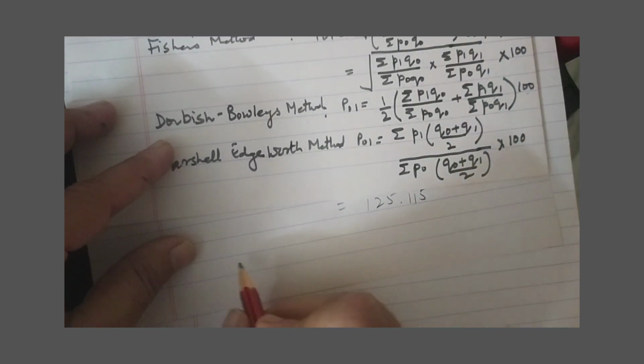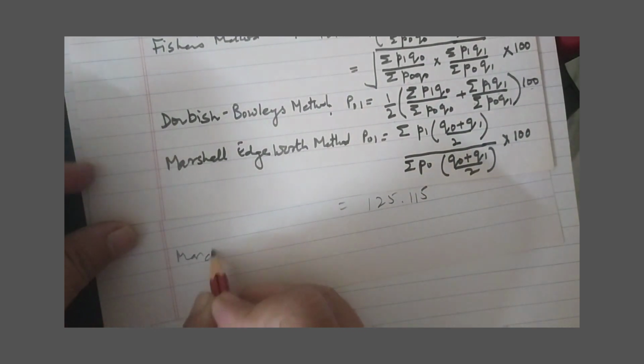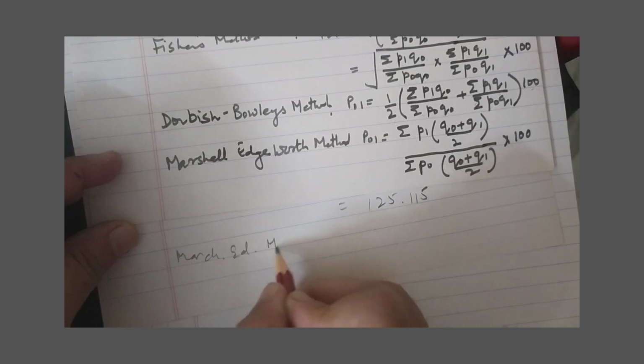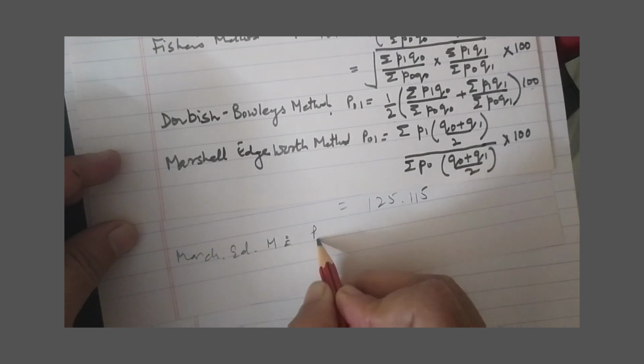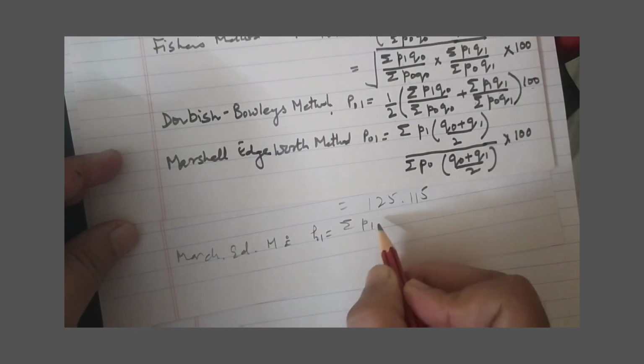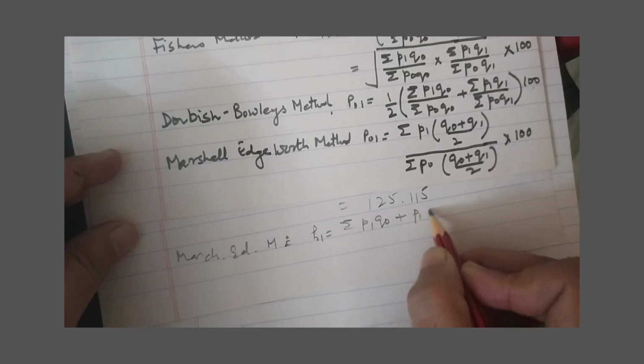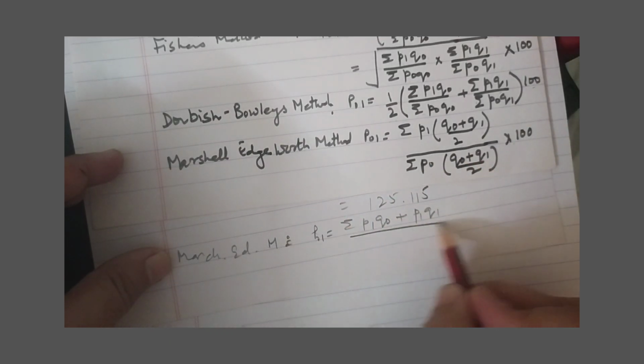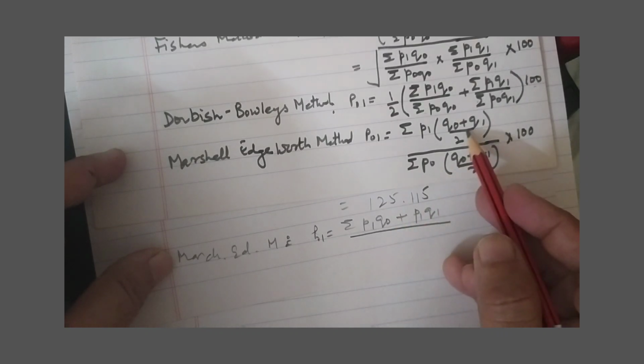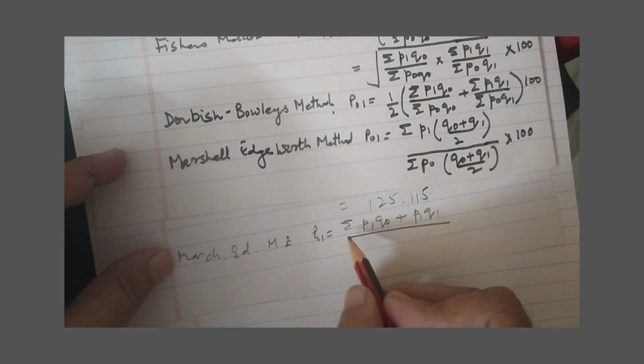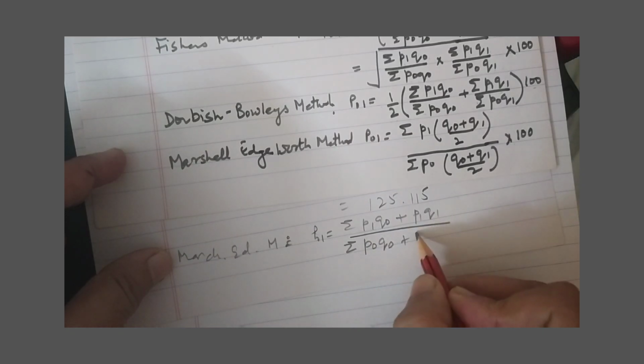If I open these brackets, first you write down P1 Q0 plus P1 Q1. 2 you can take common from the numerator as well as the denominator, then these will be cancelled out and your formula becomes simply P1 Q0 plus P1 Q1 over P0 Q0 plus P0 Q1, into 100. Now from here you can write these values.